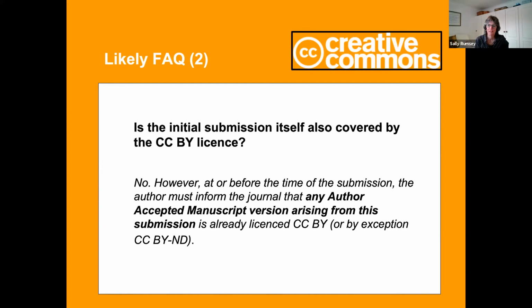But the important thing is that the author informs the publisher at the time of their submission to the journal, so that when the accepted manuscript exists, it's already covered by the CC BY license. So they need to do it at the time of submission, but it doesn't cover that early submitted version.